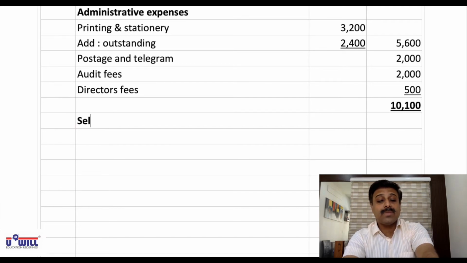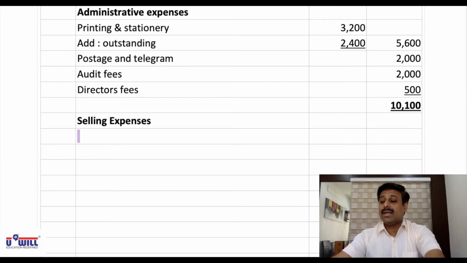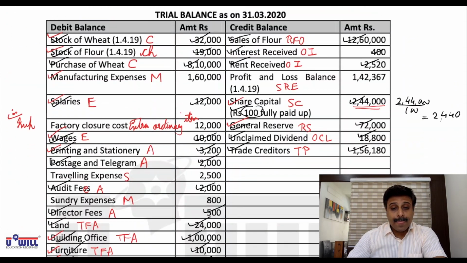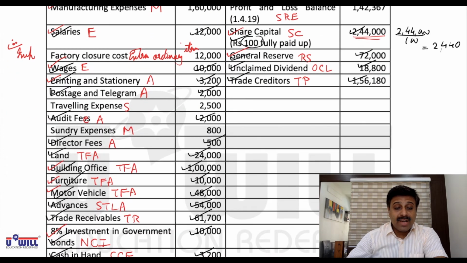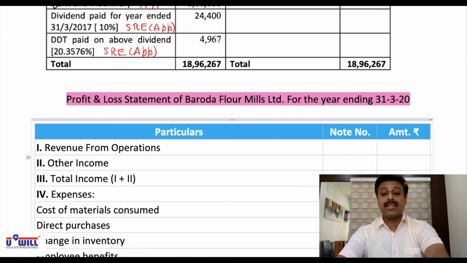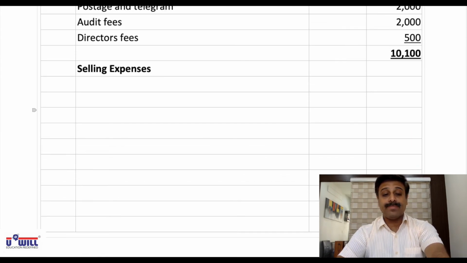Then we have selling expenses, S marked items. Traveling expense 2,500. Only one item is there.